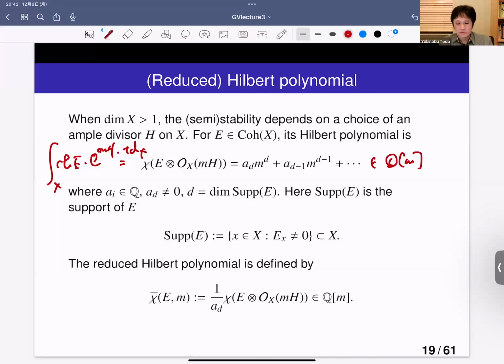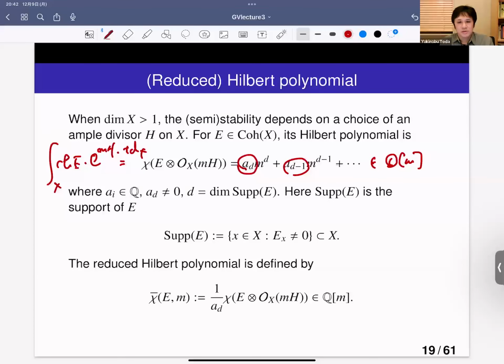In the case of curves, this is just a linear function. For example, when X is one-dimensional and E is a torsion-free sheaf, then this is basically the rank, and this is the first Chern class. And the slope is nothing but the ratio of these two coefficients.